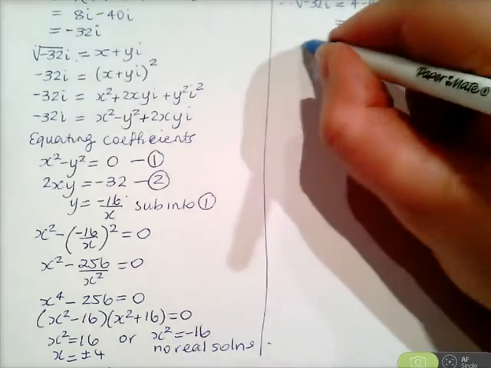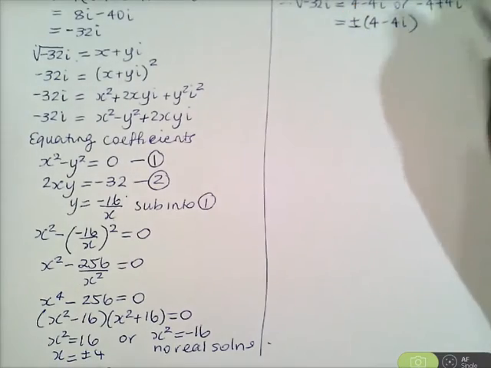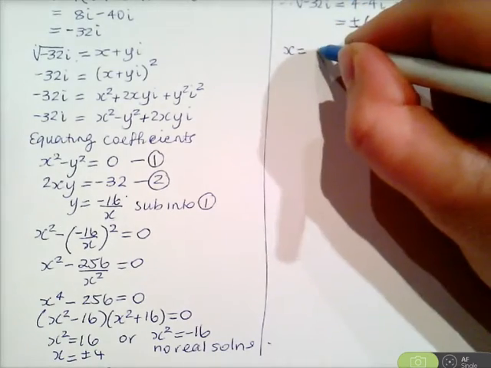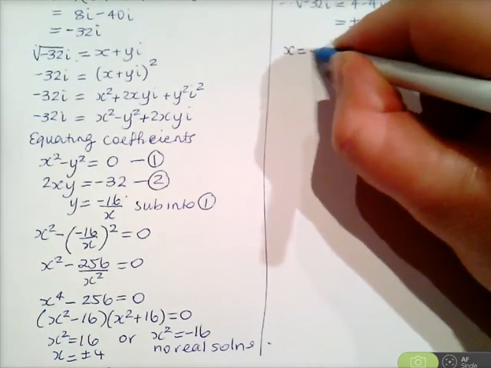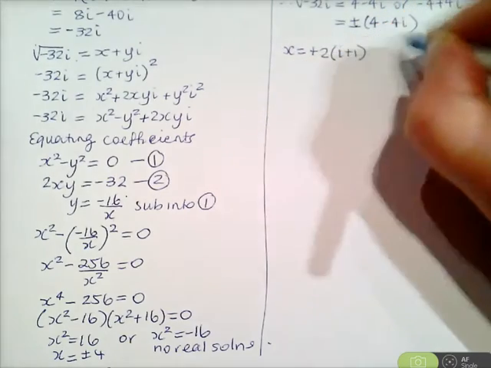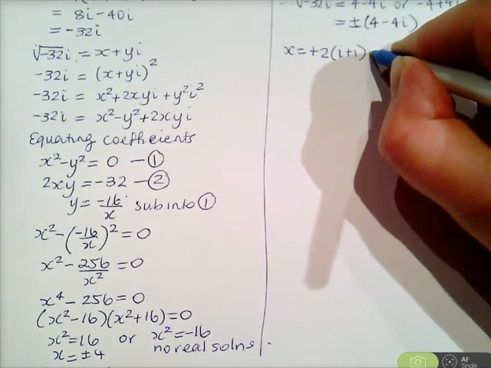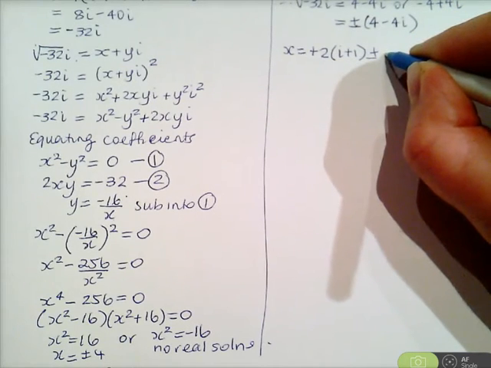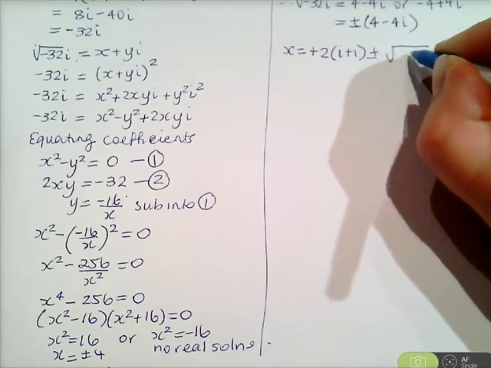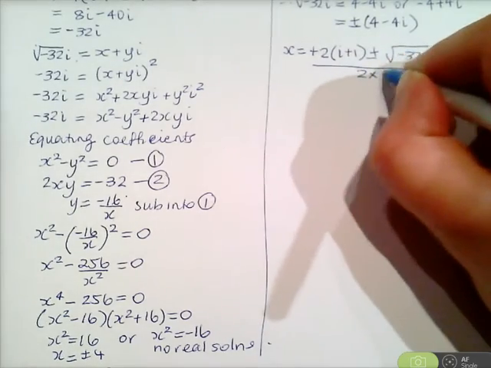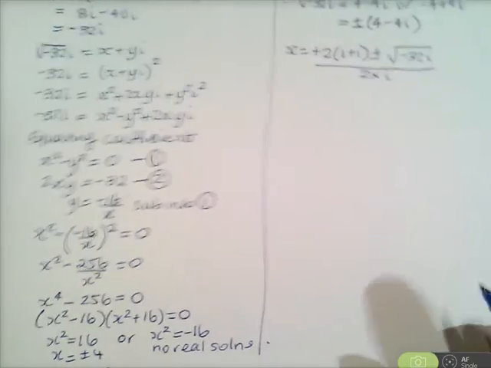So now we can use the quadratic formula. So therefore x is negative b, which is 2i plus 1... So negative b plus or minus the square root of b squared minus 4ac. So it'll be the square root of negative 32i over 2 times a, which is 2 times i.